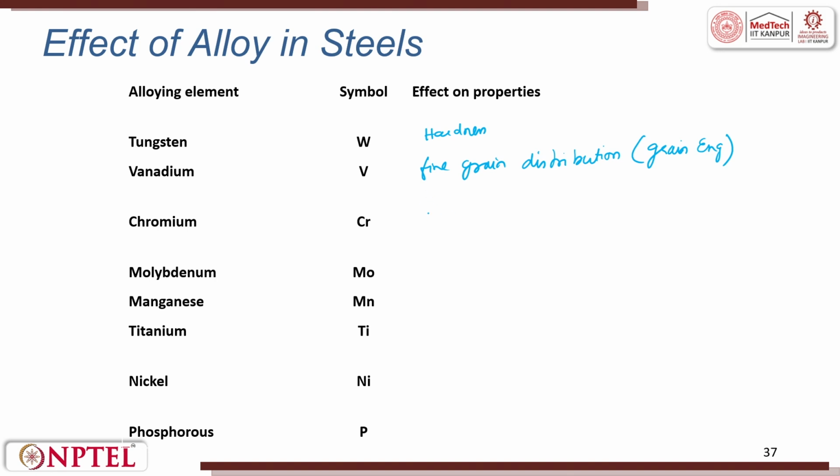Chromium is to increase corrosion and oxidation resistance. Molybdenum is used to increase hardenability. Imparting wear resistance is done by manganese.